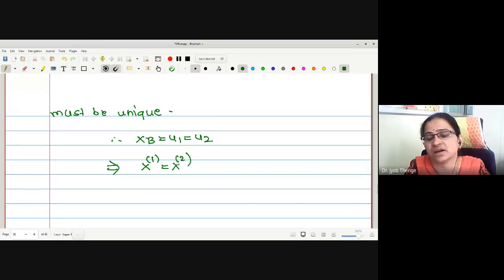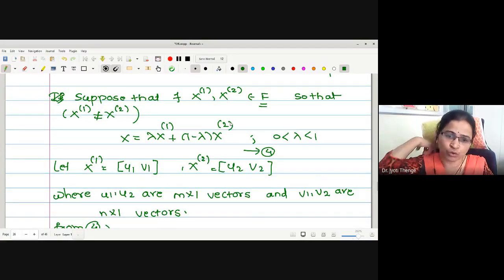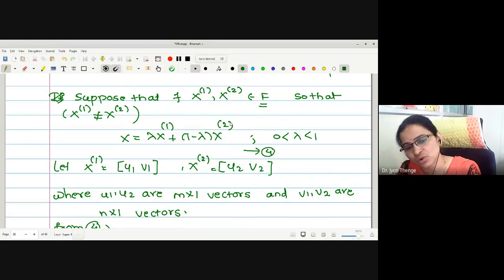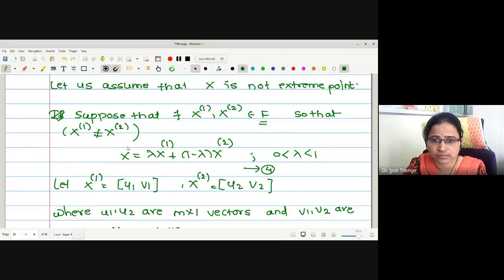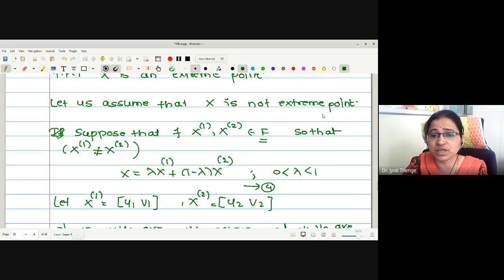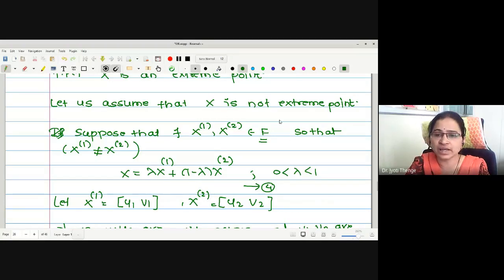But what we started with, x1 and x2, are two distinct points, where x is assumed to be a convex combination of these 2 points, so that x would not be an extreme point. But these 2 points are not distinct, they are the same. Therefore, there is a contradiction to x is not an extreme point.